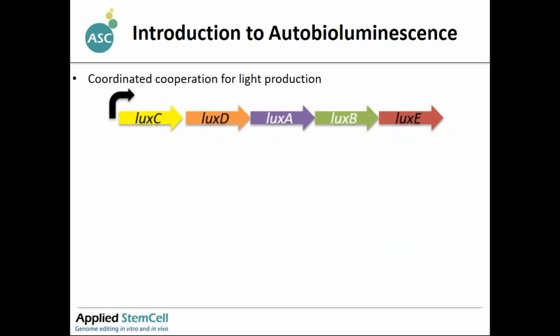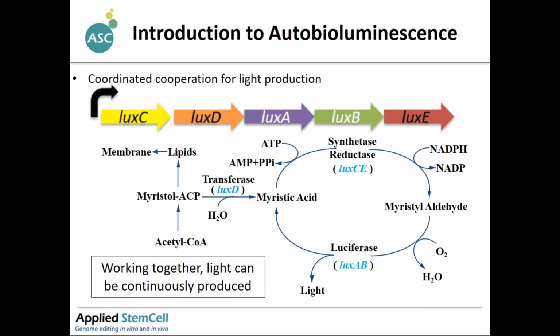So with all five genes working together, as long as the Lux pathway is properly expressed, light can be continuously produced, so you don't need to worry about signal decay over time as you would in other bioluminescent systems.